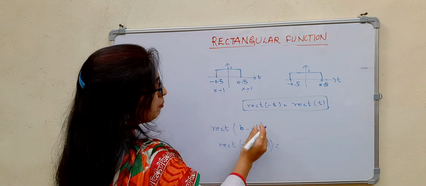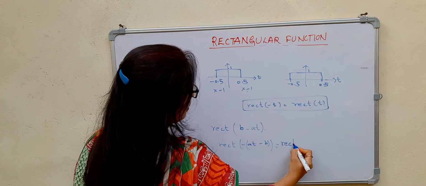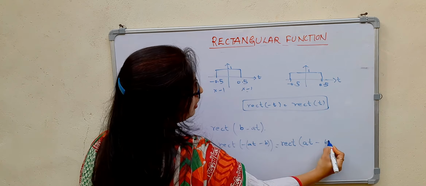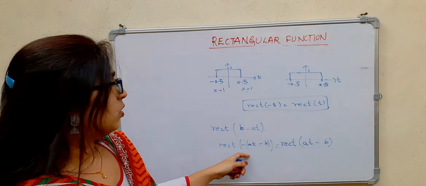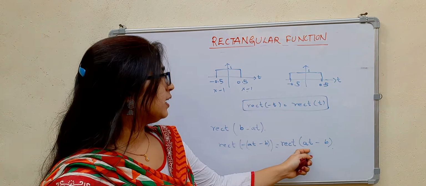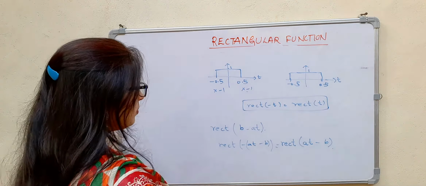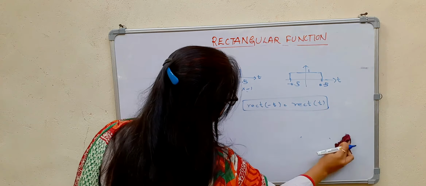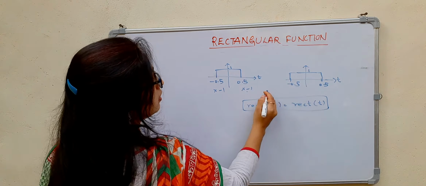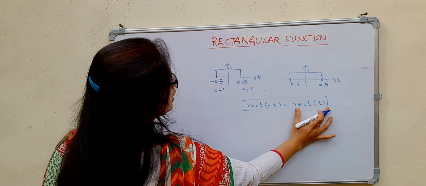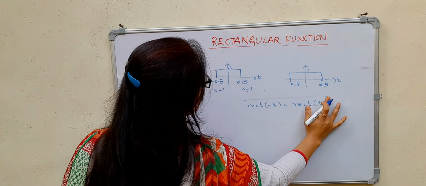So rectangular of minus t is rectangular of t. So I can write this as rectangular of at minus b. So rectangular of b minus at is equal to rectangular of at minus b. So the reversal is the same thing. So it is an even function.